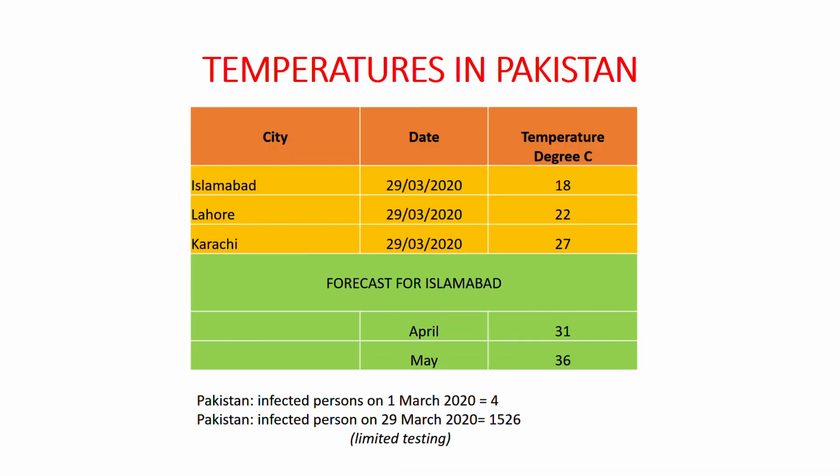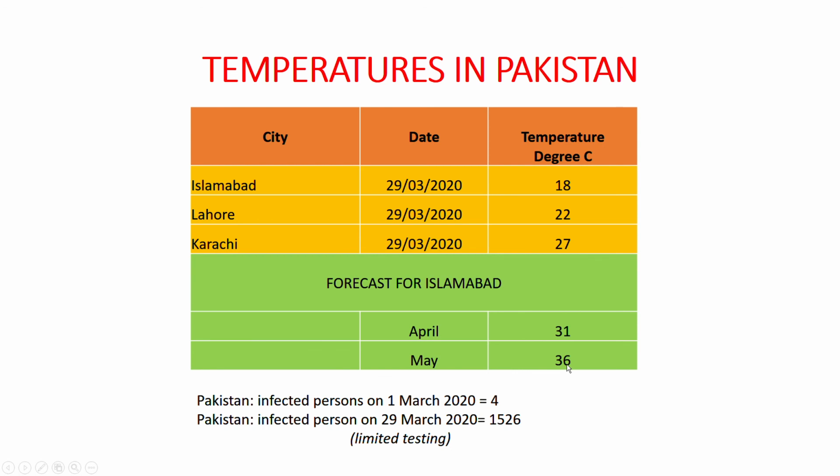However, when we look at the temperature, in Islamabad, the capital, yesterday the temperature was 18, in Lahore it was 22, and in Karachi it was 27. The forecast for April is 31, and for May it is 36.